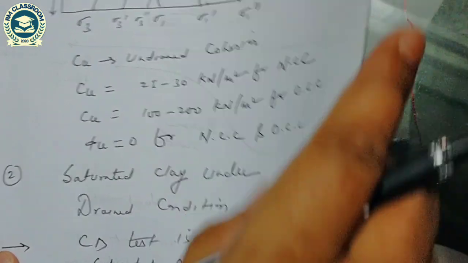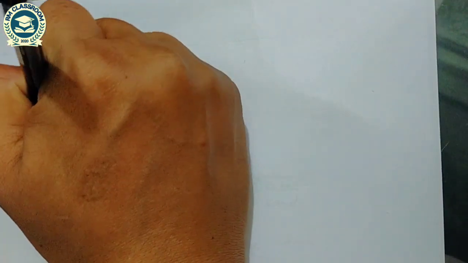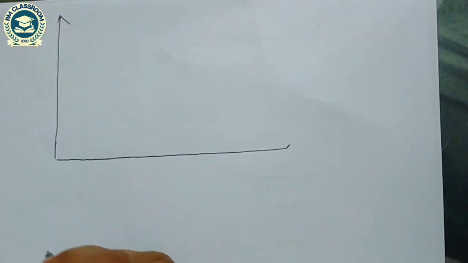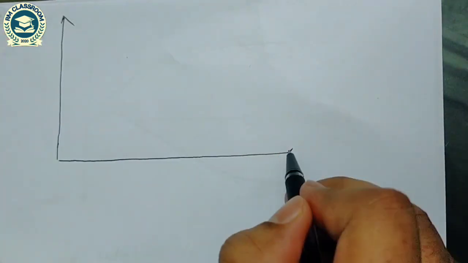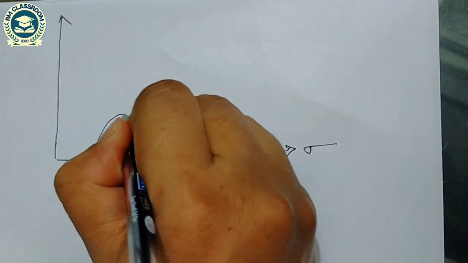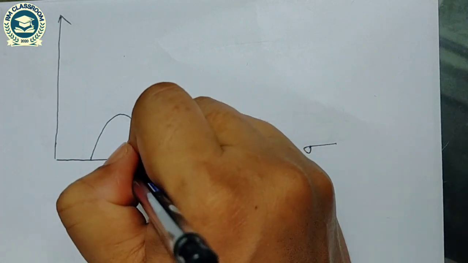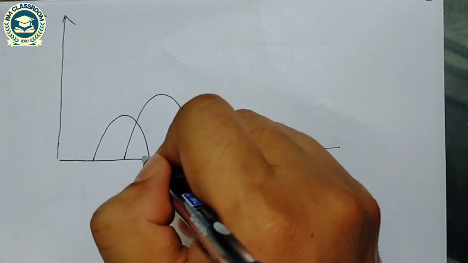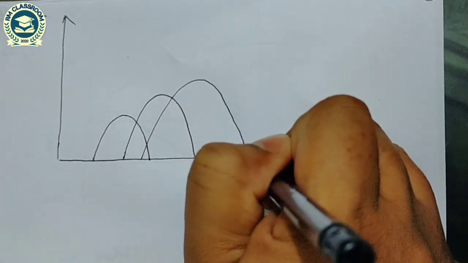If I draw the Moore circle for saturated clay under the CD test, this is the shear stress axis and this one is the normal stress axis. This is the Moore circle.